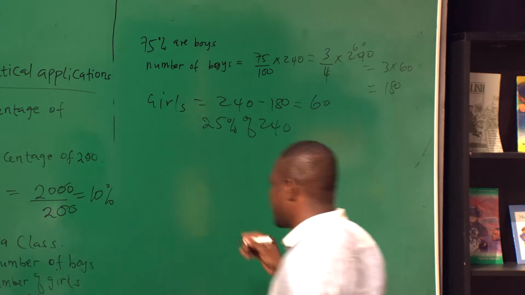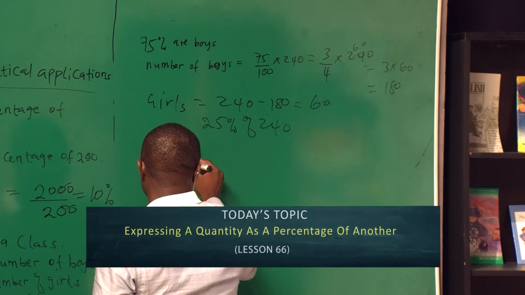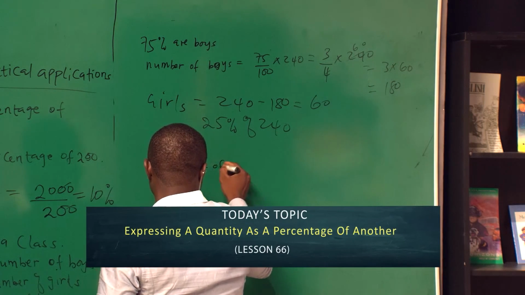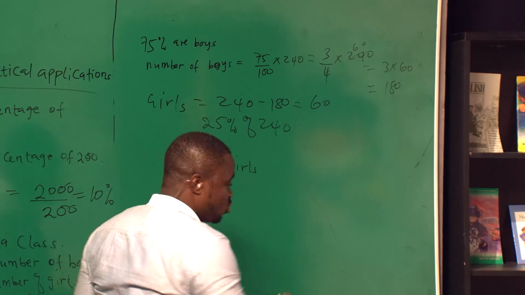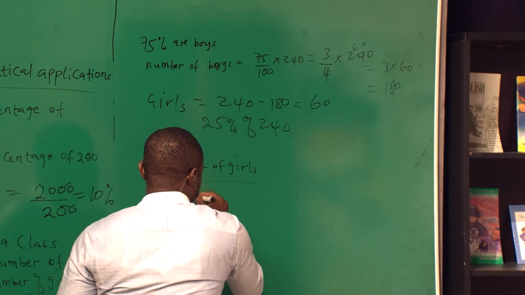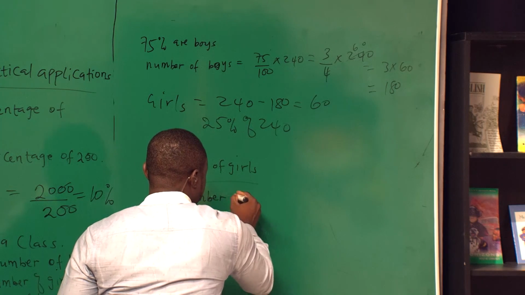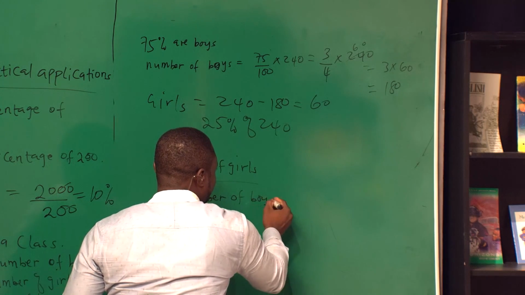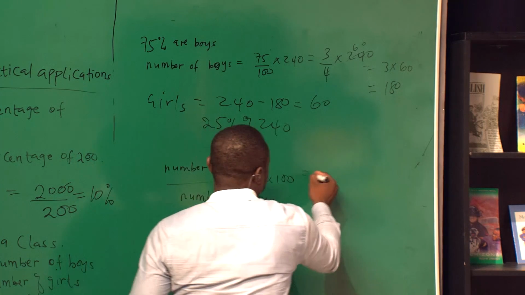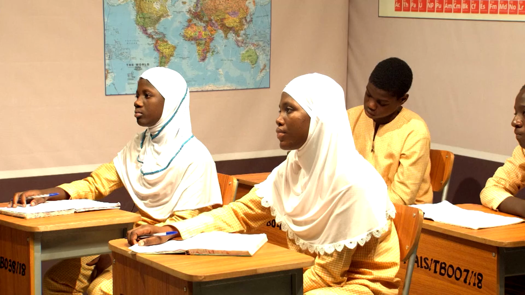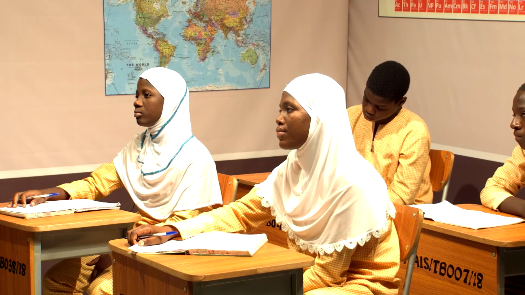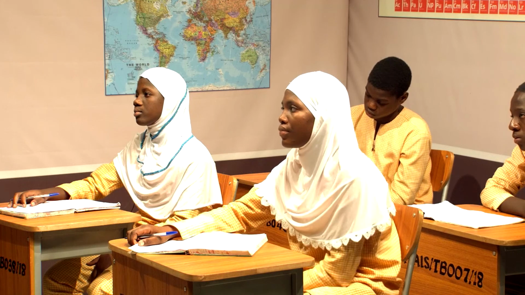So you take number of girls as a percentage of number of boys. So divide by number of boys times what? 100. This is what we have, okay? So that's exactly what we do.